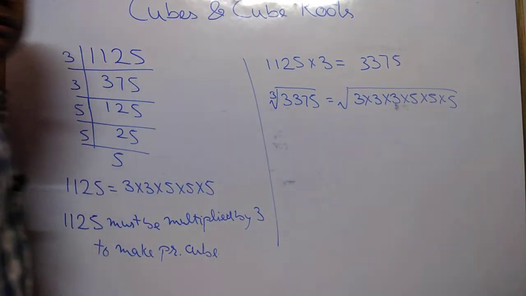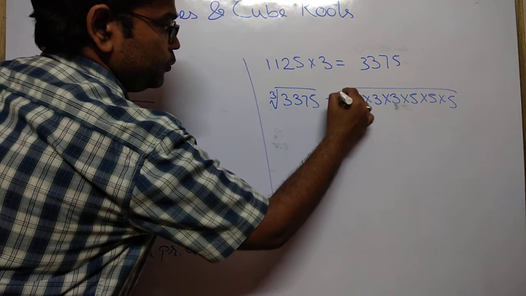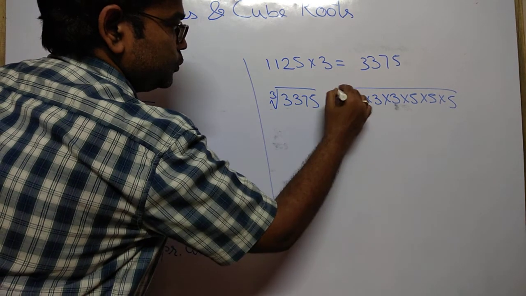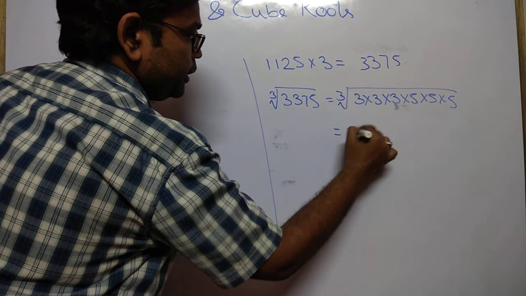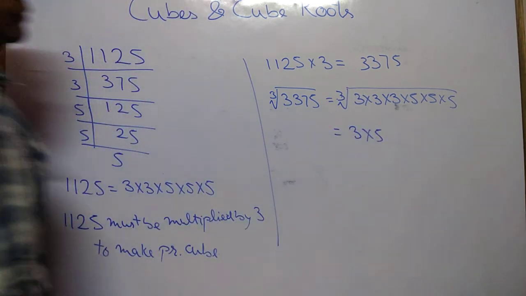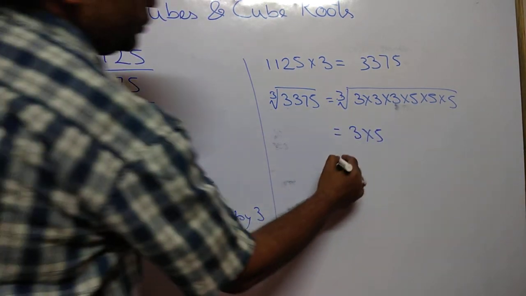Now taking the cube root, it's 3 into 5, which is 15, that we know.